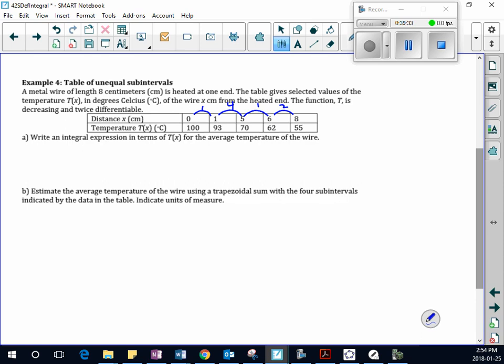So first off, it says write an integral expression in terms of t of x for the average temperature of the wire. So it's going from 0 to 8.